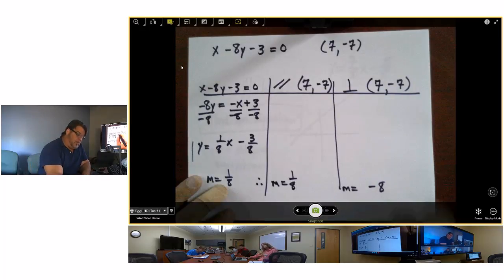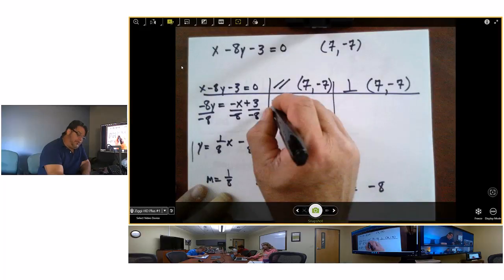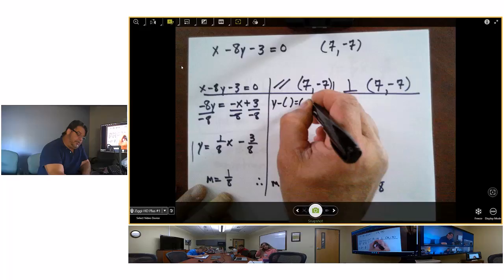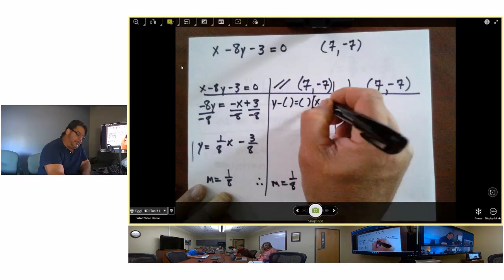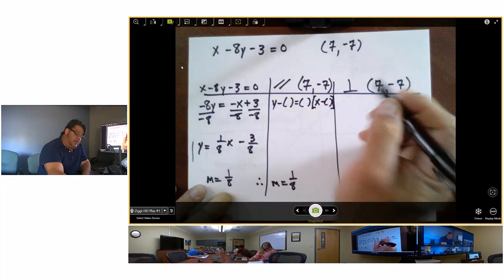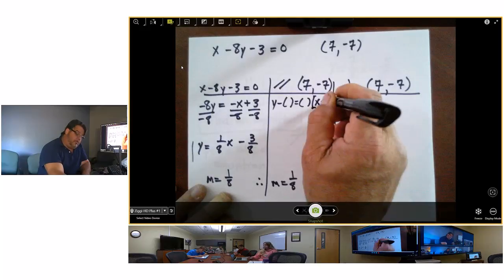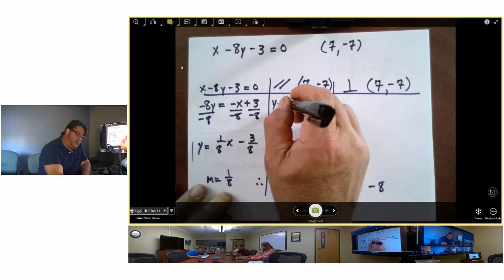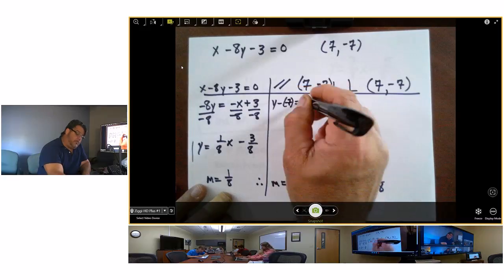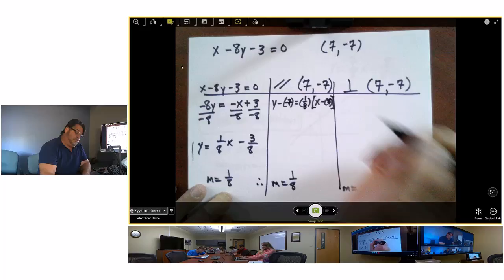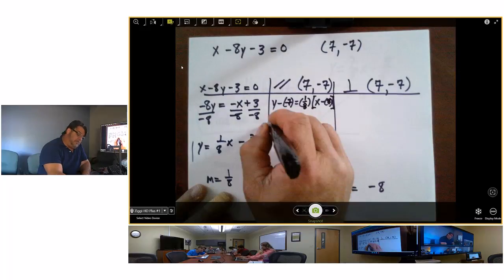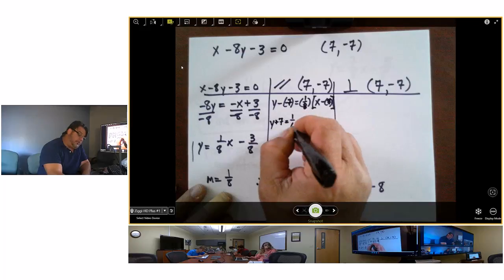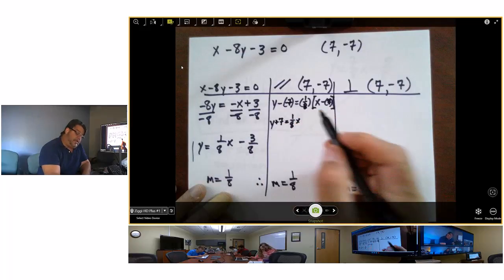So, y minus parentheses equals parentheses brackets x minus parentheses. And the 7 goes here. Negative 7 goes here. And 1/8 goes here. Y plus 7 is equal to 1/8 x minus 7/8.